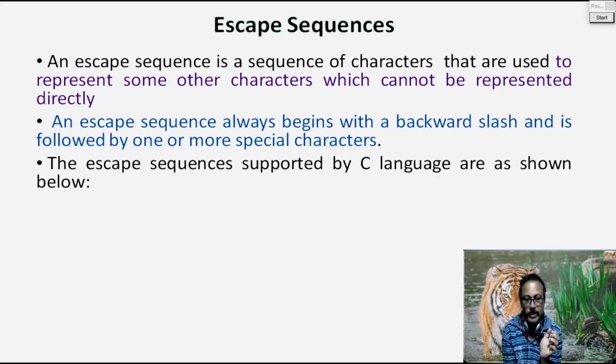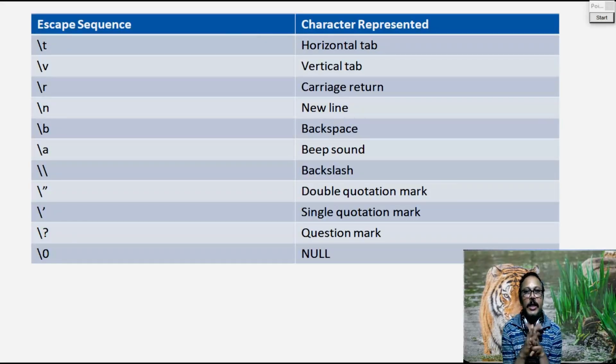These are the escape sequences that are supported in the C language. If you observe, backslash n, we have already used it. That means you want to go to the new line. After printing, you want the cursor to go to the next line, so that anything else you print appears on a new line.